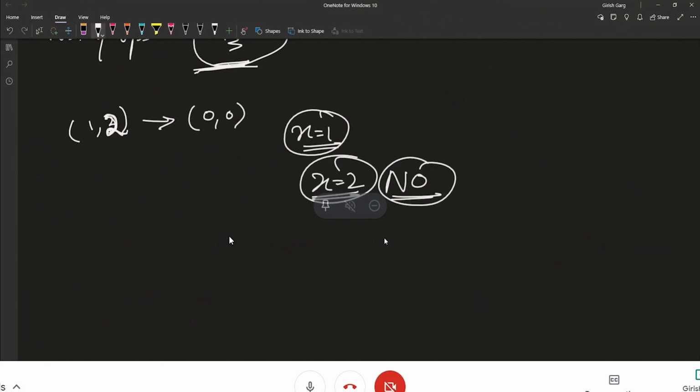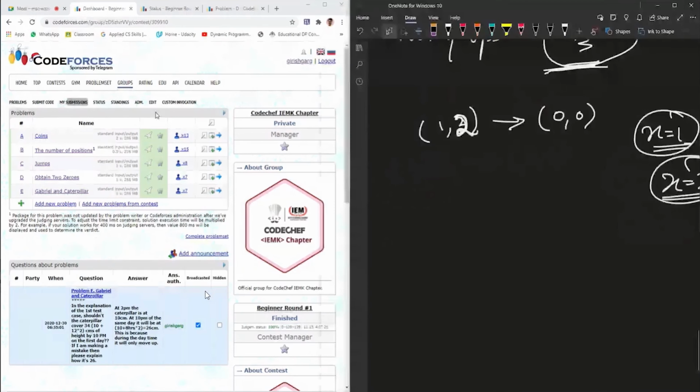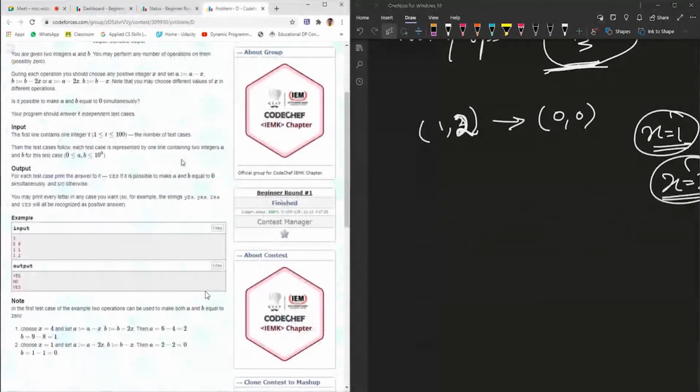You want to take x is equal to the minimum of both of these. Okay, let me try a test case, and you will know why it's wrong. Problem D, I think. Yes.